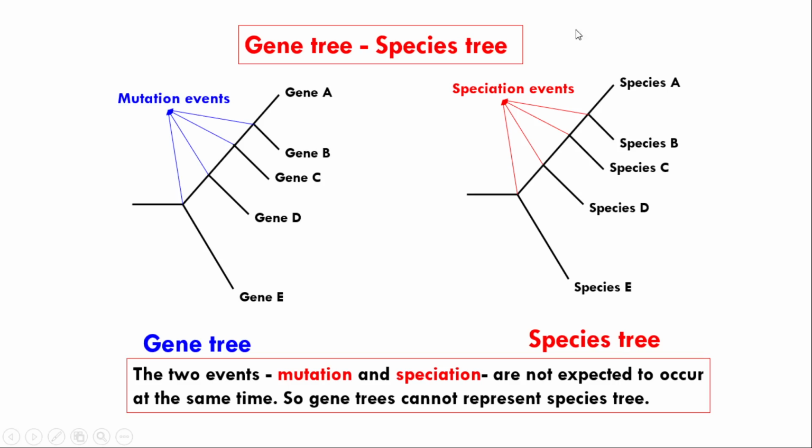So here you see the species A, B, C, D, E. Speciation events happen, then different species form. So gene tree is different and species tree is different. Whatever results you get for the gene, you can't impose on an organism. The two events, mutation and speciation, are not expected to occur at the same time. So a gene tree cannot represent a species tree.